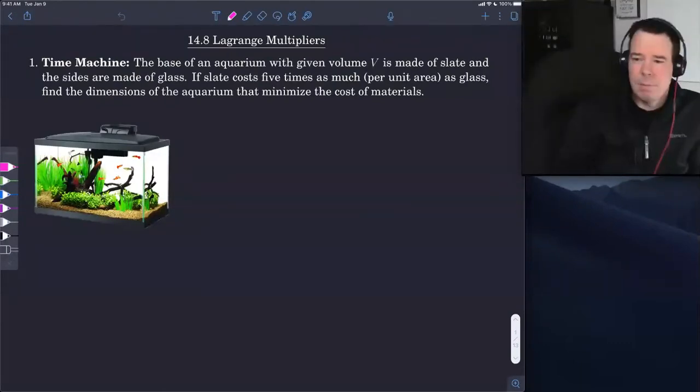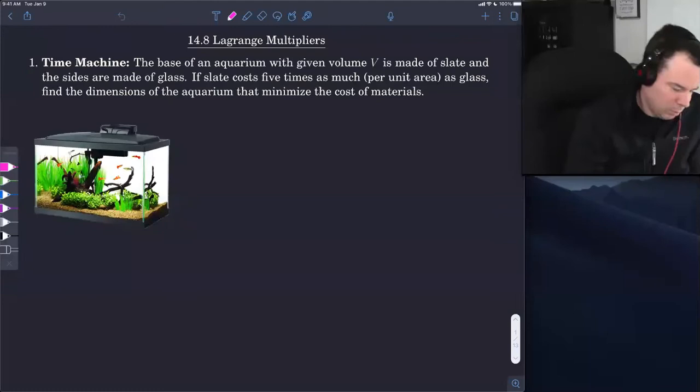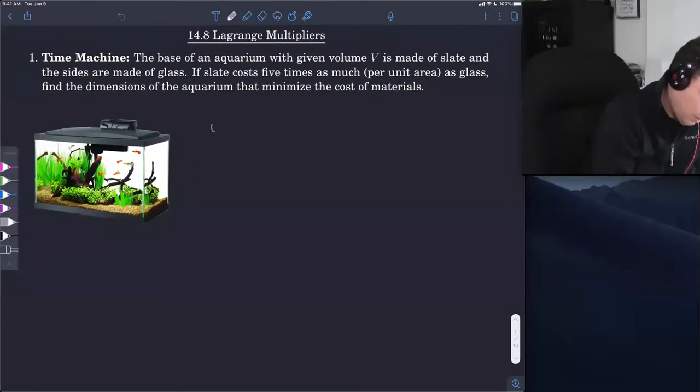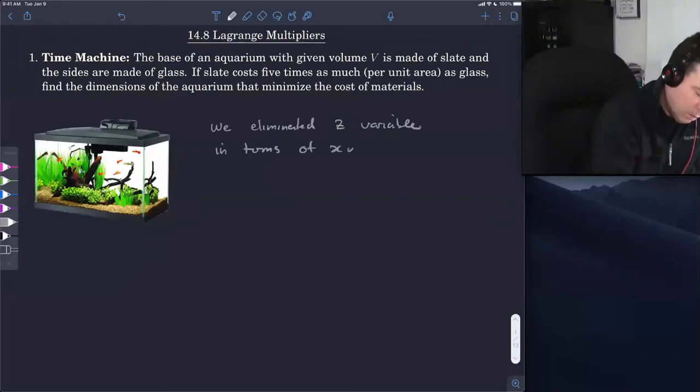So this time machine was essentially just that one I just looked at. So I'm not going to really write down anything here other than just that we eliminated the Z variable in terms of X and Y, and then that reduced to a two variable max-min problem.